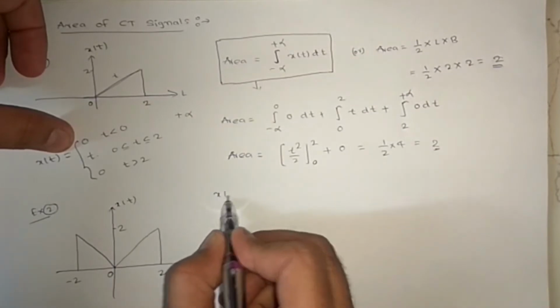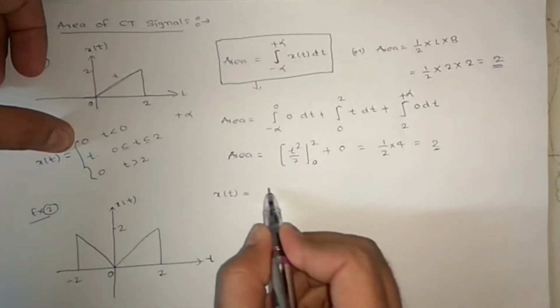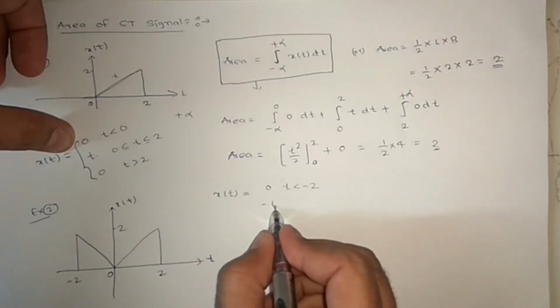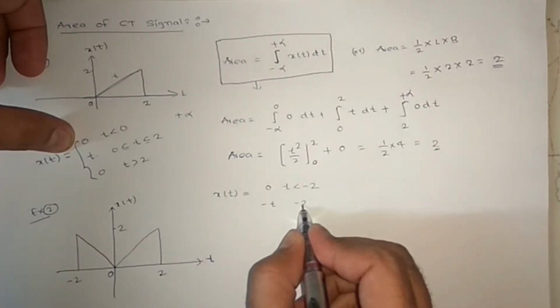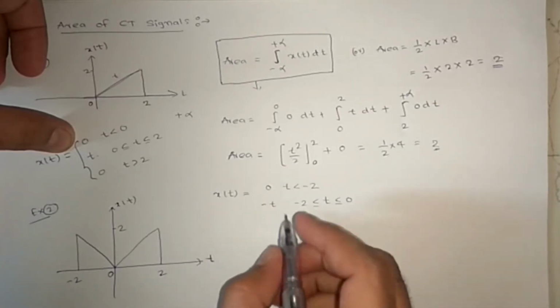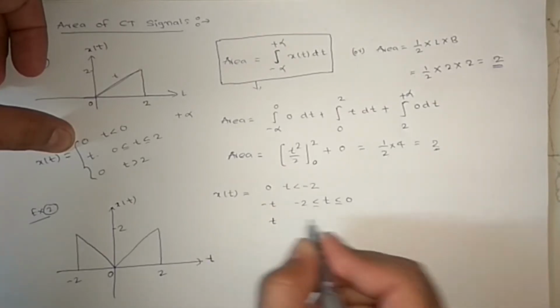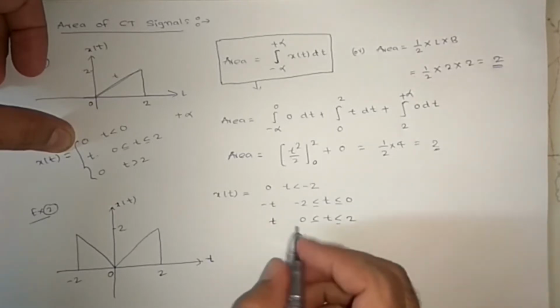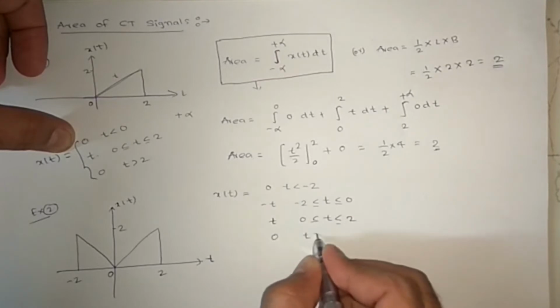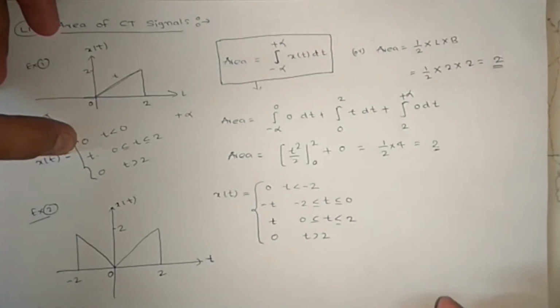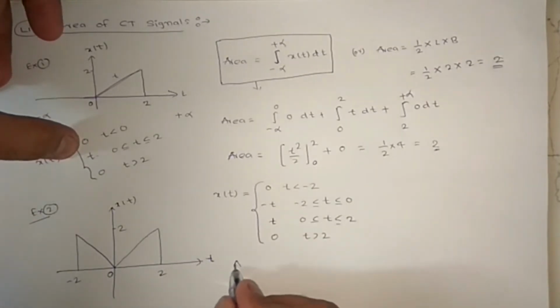So let us find the area of this signal. Here x of t is 0 for t less than minus 2, minus t for minus 2 less than t less than or equal to 0, t for 0 less than t less than or equal to 2, and 0 for t greater than 2. We need to find the area from minus infinity to plus infinity.